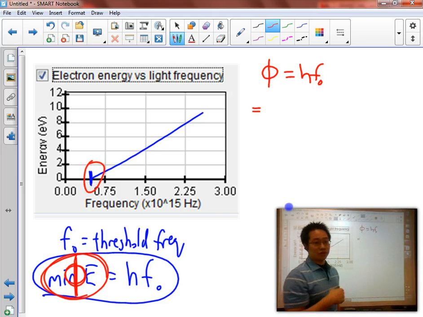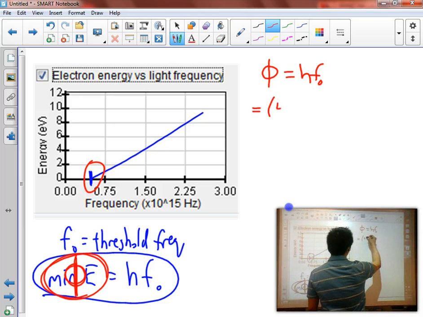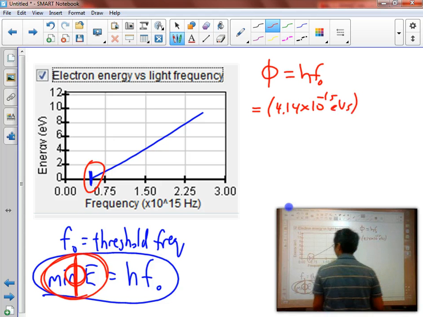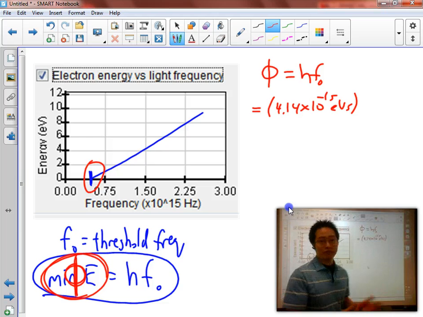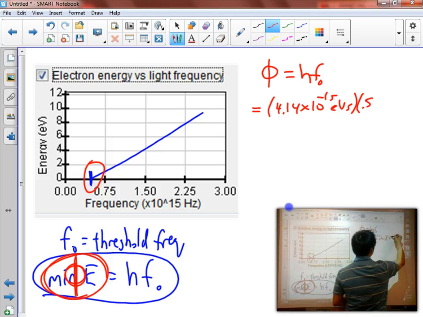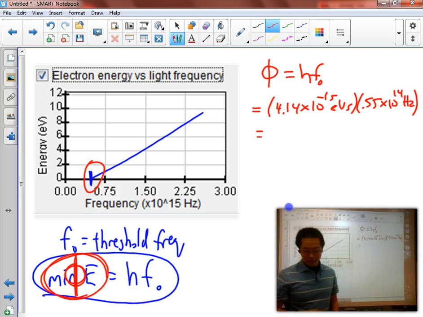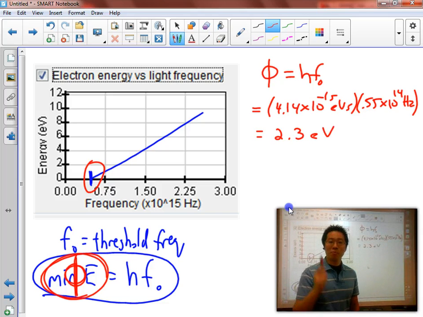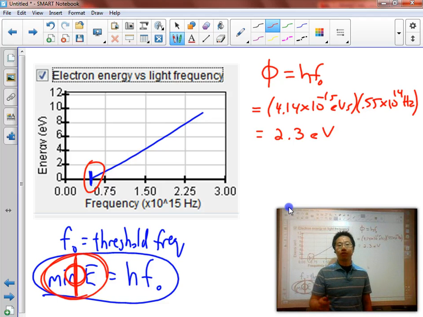So if I wanted to solve for this in electron volts, I would use 4.14 times 10 to the negative 15 electron volt seconds, and the frequency is approximately 5.5 times 10 to the 14. I would end up with a work function of approximately 2.3 electron volts, meaning that this is the minimum amount of energy needed to knock an electron out.